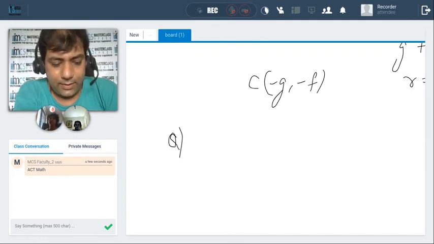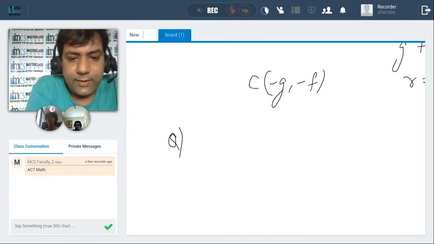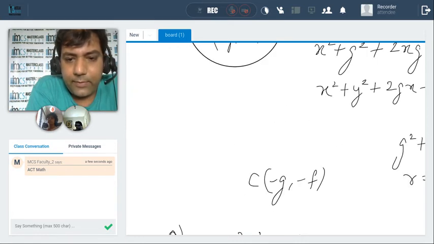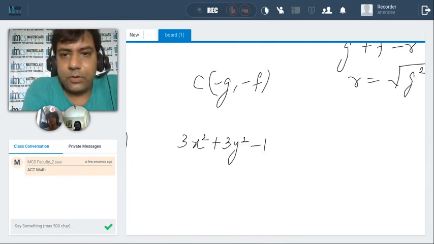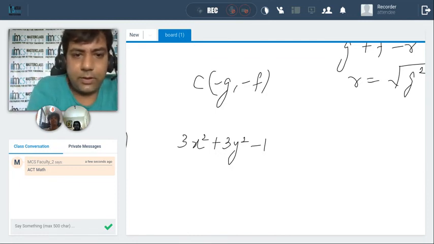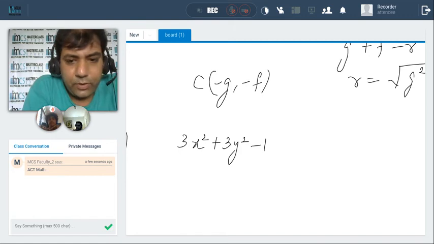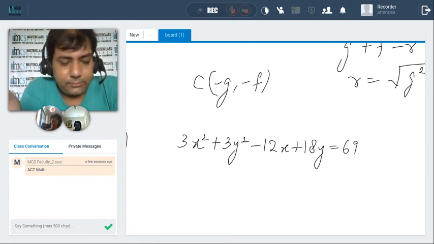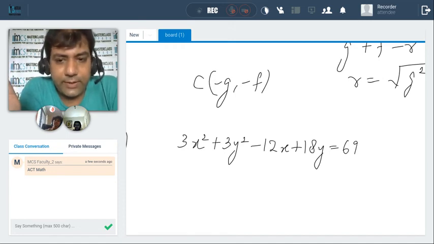The equation of a circle is given as 3x square plus 3y square minus 12x plus 18y equal to 69. Can you please tell me the center of the circle and the radius of the circle?